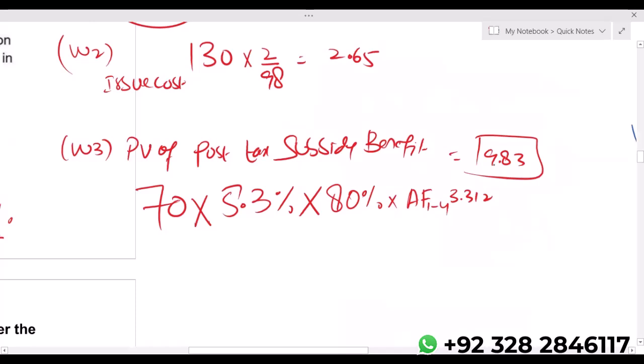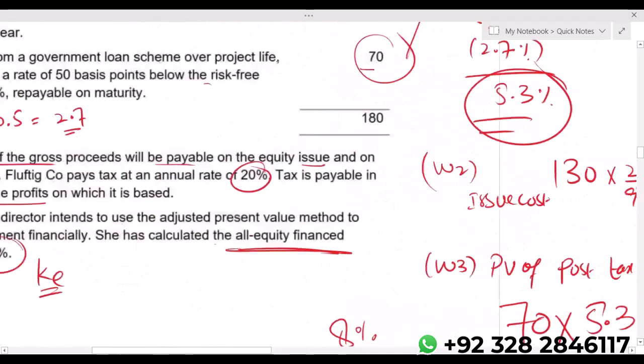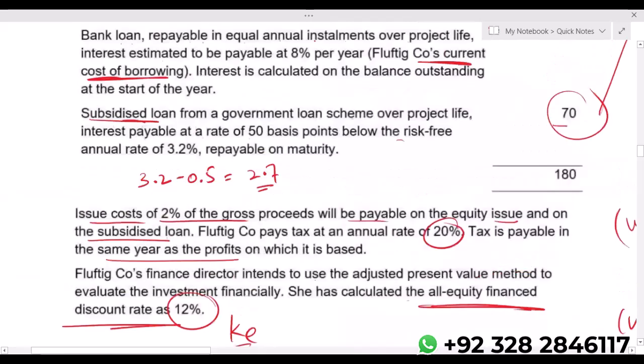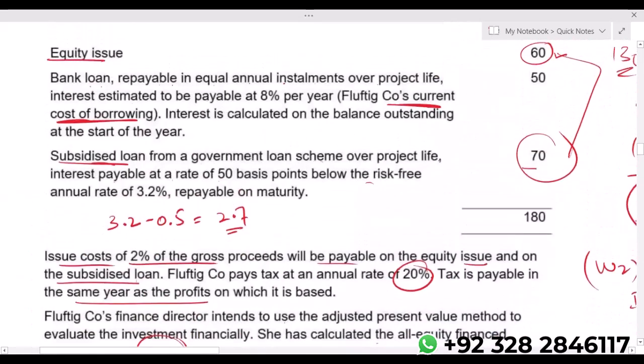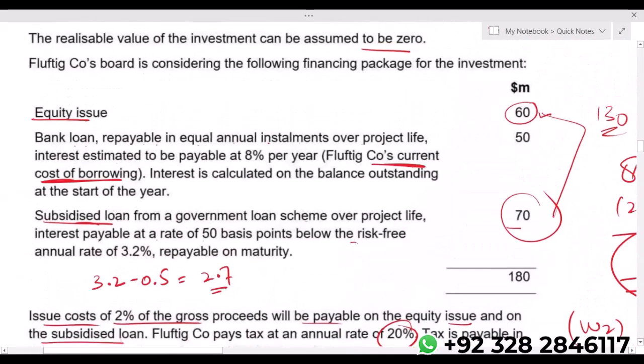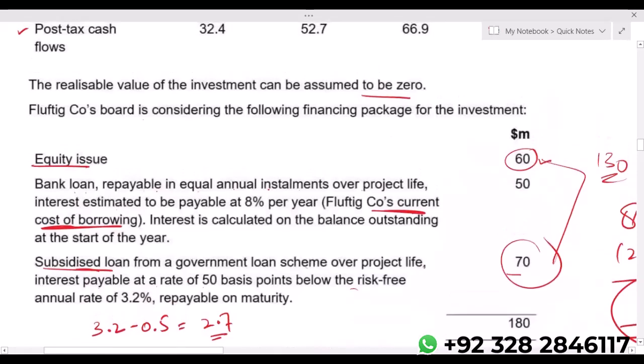Now the main issue in this question is we need to calculate present value of tax saving on interest payment on bank loan. And you will apply the same concept which we have discussed at the start of today's class. Bank loan amount is 50. It will be paid in 4 equal installments.